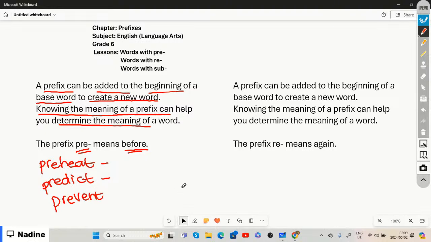If you look at another word, then we have even preview. It's where you view something before the time. Then we have predetermined, and we already have the word prefix.